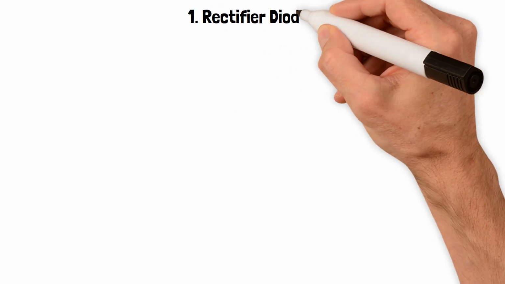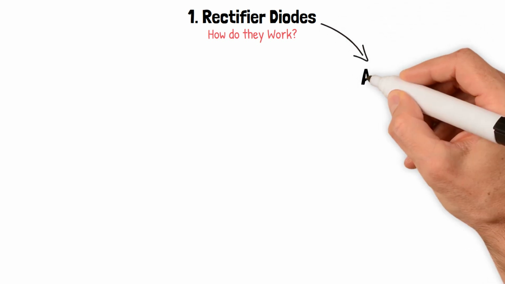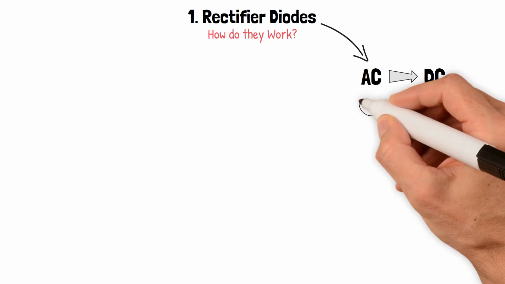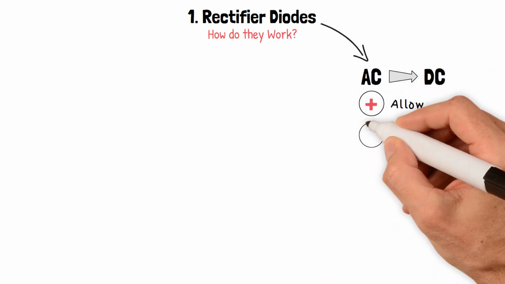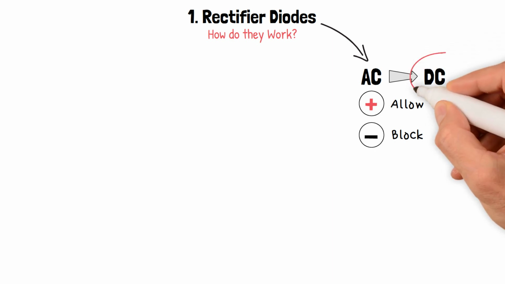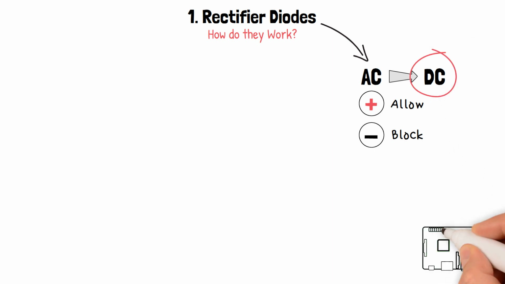1. Rectifier diodes. How do they work? As mentioned previously, rectifier diodes are utilized to convert AC power into DC power by allowing only positive voltage peaks through while blocking negative voltages that could potentially damage sensitive electronic components or systems that draw their power from DC sources only and not AC sources.